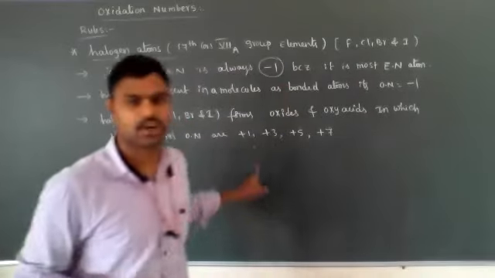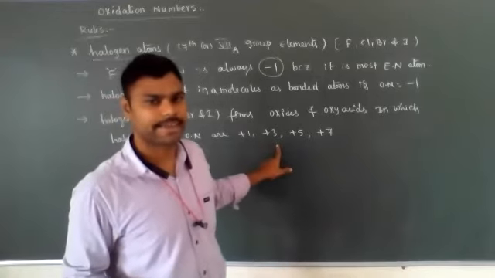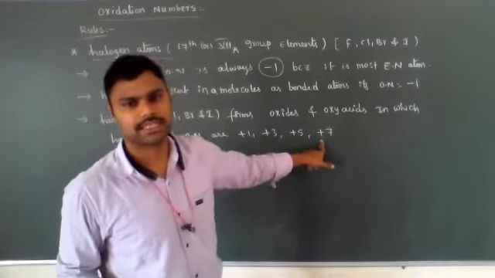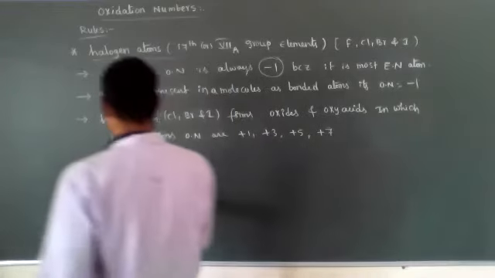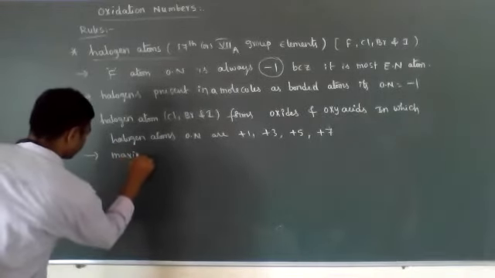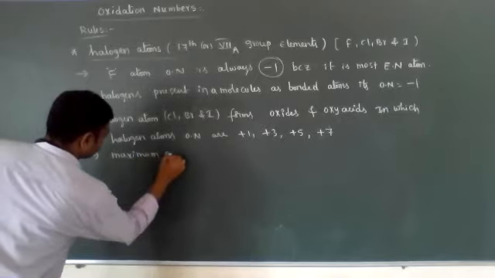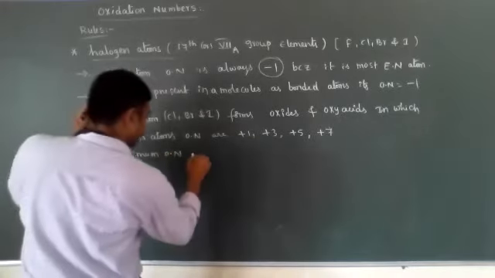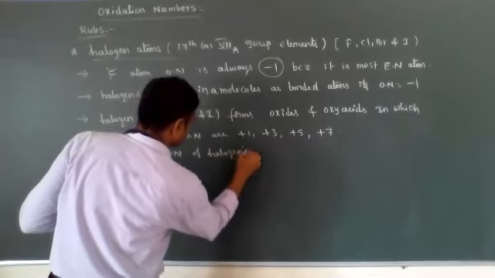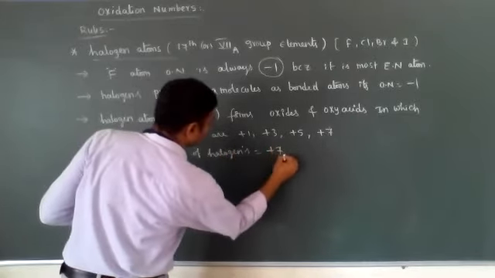So they exhibit +1 oxidation state as well as +3, +5 and +7 oxidation states, and the maximum oxidation number of halogens is equal to +7.